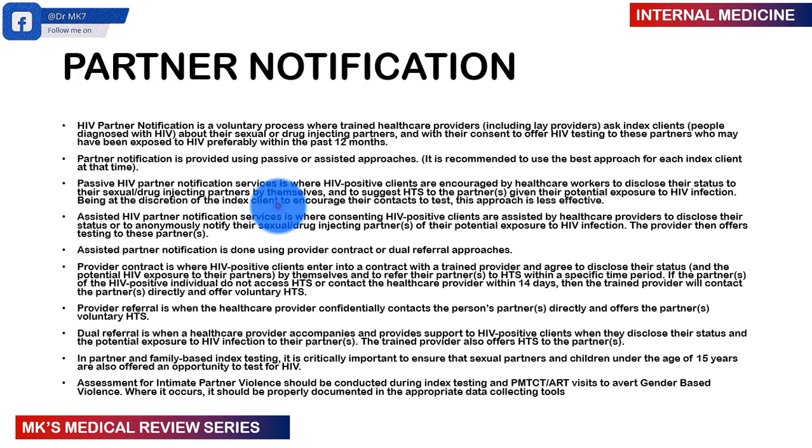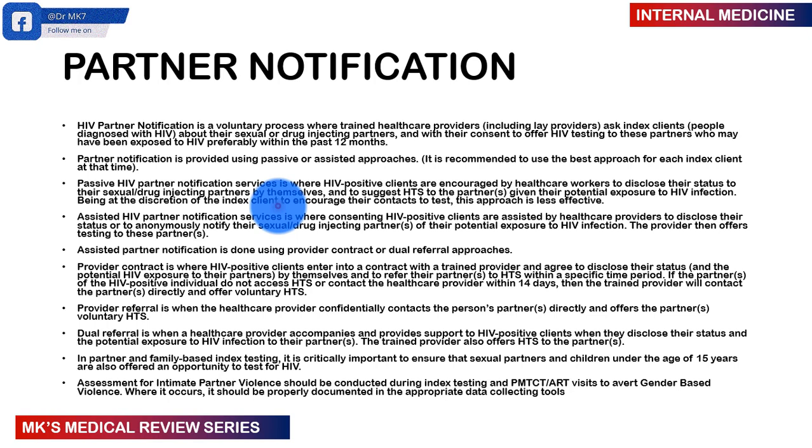Now, only do this if you're sure that this patient is going to tell the contacts, because sometimes people can just agree, and you leave it up to the index patient to tell the contacts. This approach is actually less effective.